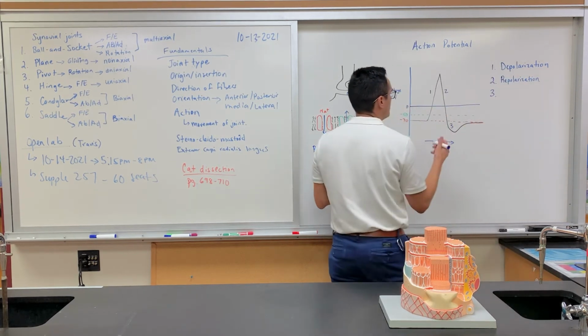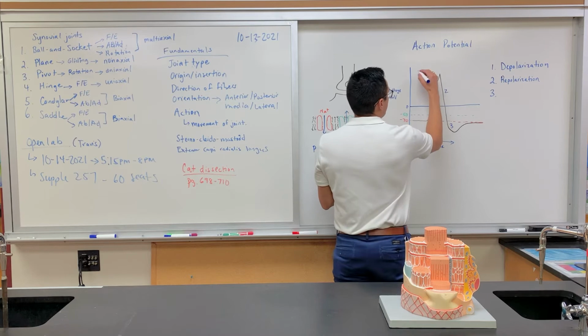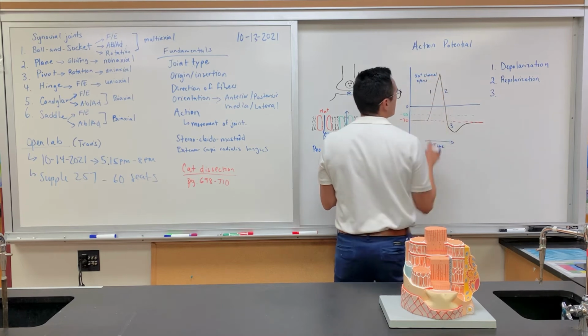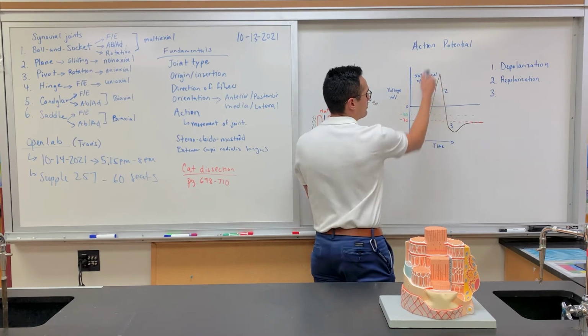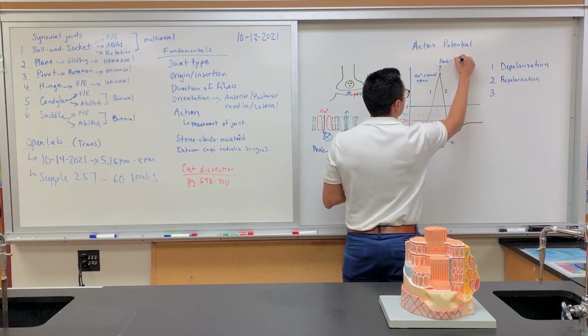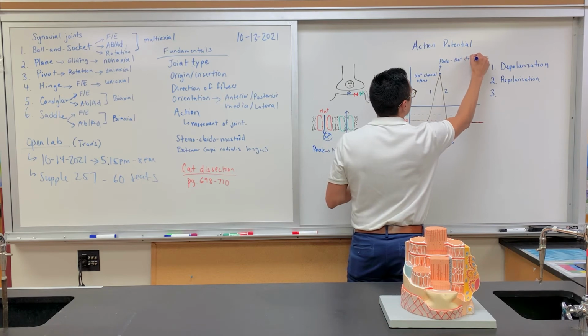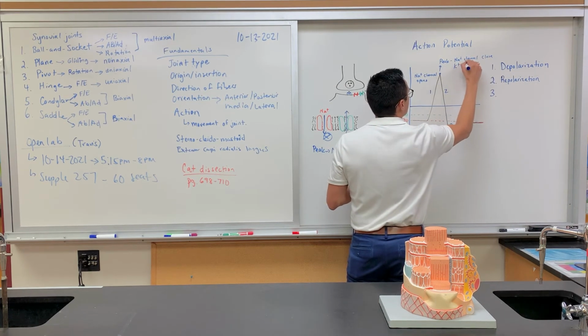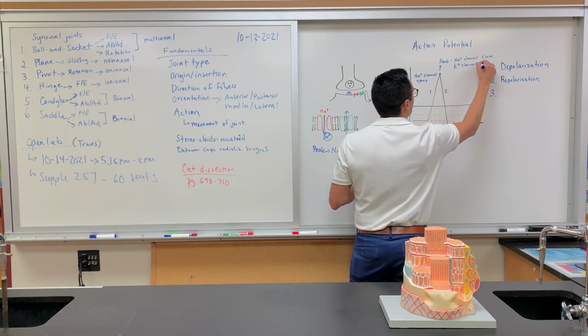So during depolarization, we'll write that the sodium channel opens, right, for this part to come, and then once it reaches the peak, the sodium channel will close, and then the potassium channel will open.